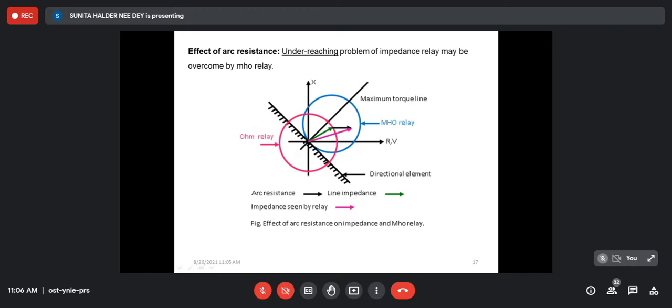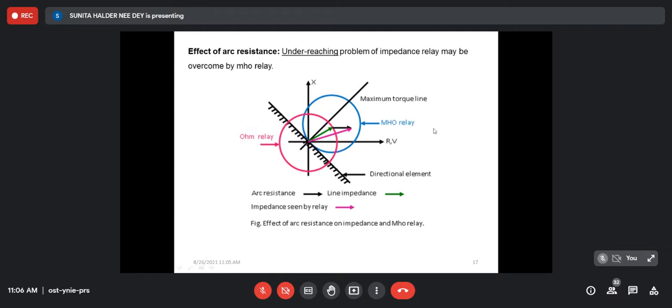Now there was an underreach problem due to the arc resistance. You see, this pink was the ordinary ohm relay or impedance relay. So if green is the reach, and if there be any arcing shown by black, then this is the impedance seen by the relay, out of the range, out of this pink circle. So out of the operating zone.